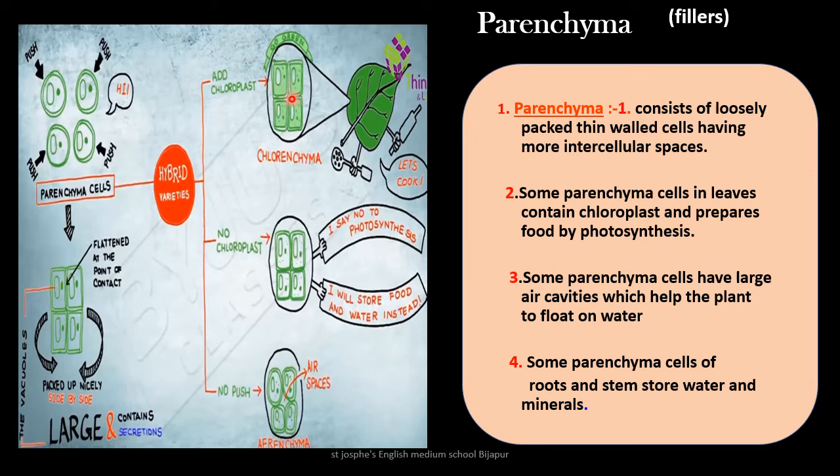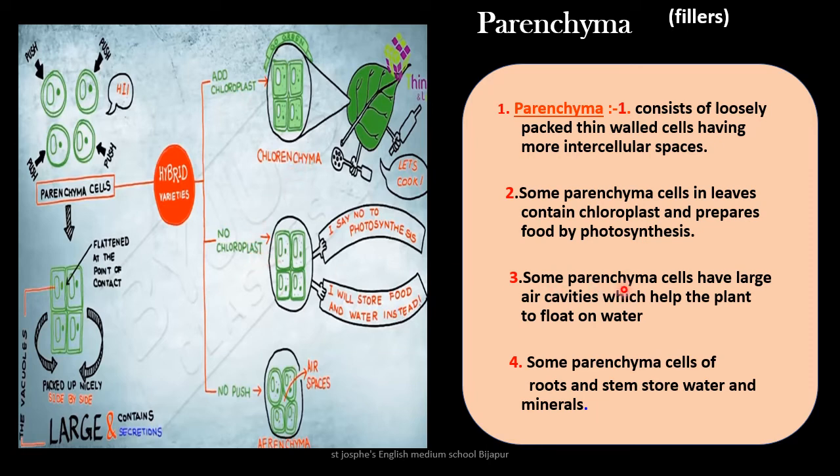If they are filled with a green pigment, the organelle chloroplast, then they are meant for the process known as photosynthesis. Then we call them chlorenchyma. So parenchyma with chloroplast is known as chlorenchyma.